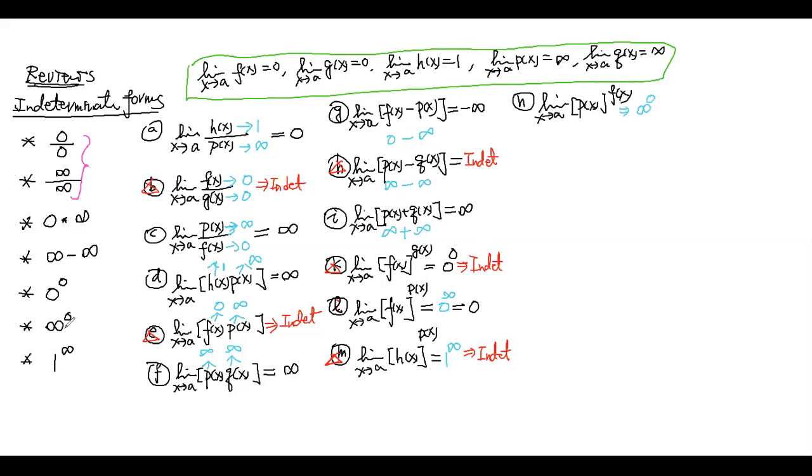Then we see from the indeterminate forms that this is indeterminate, right? So I put the triangle here. In order to find it, we will need to use L'Hopital's rule to help us find it, right?